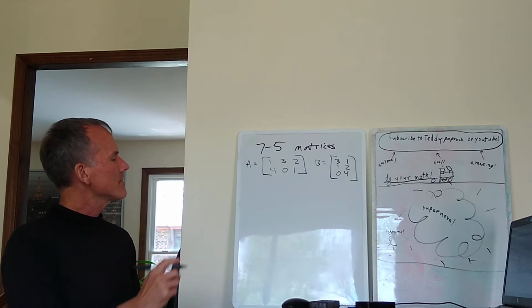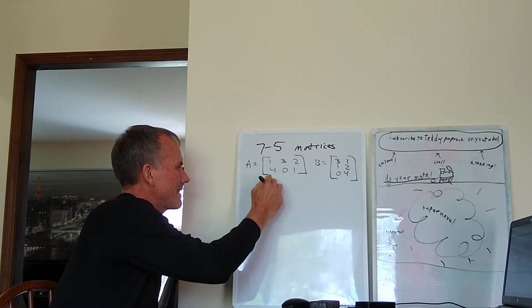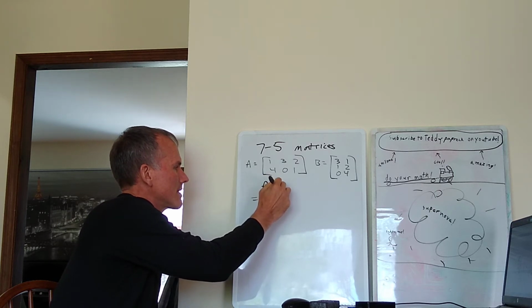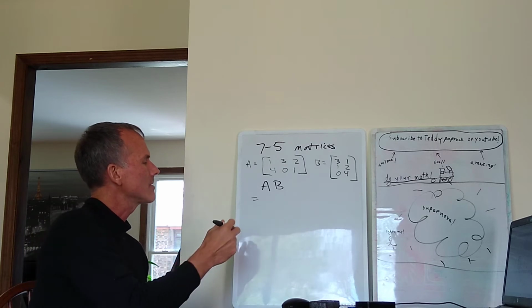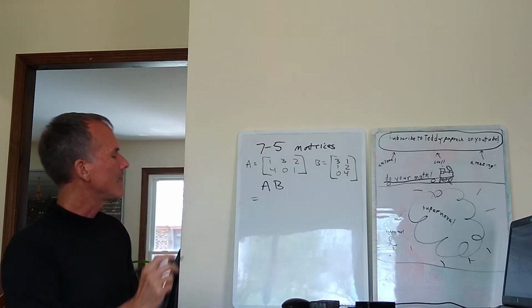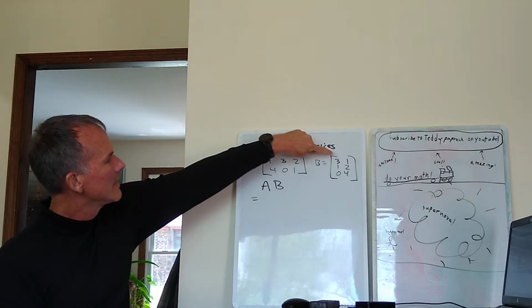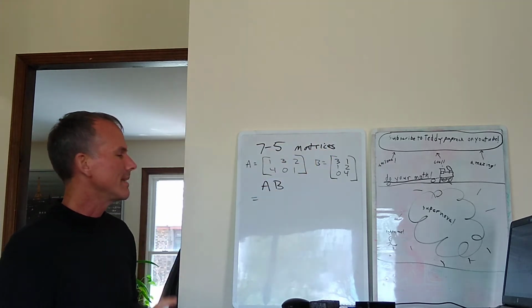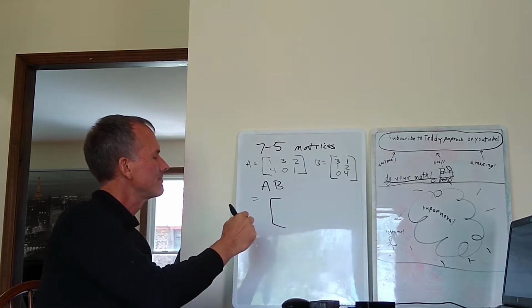So I'm going to take matrix A times matrix B. And so the first element will be generated by taking the first row in matrix A times the first column in matrix B.